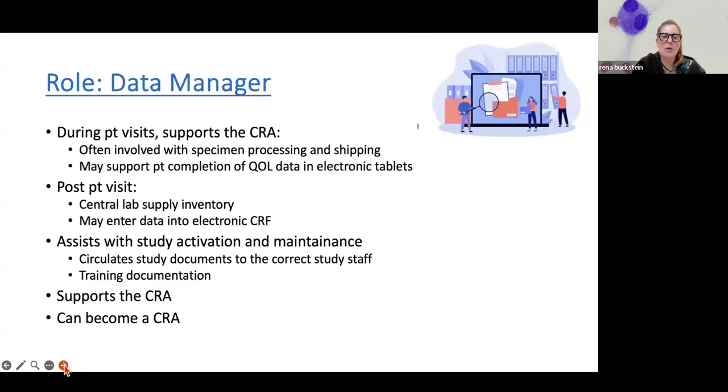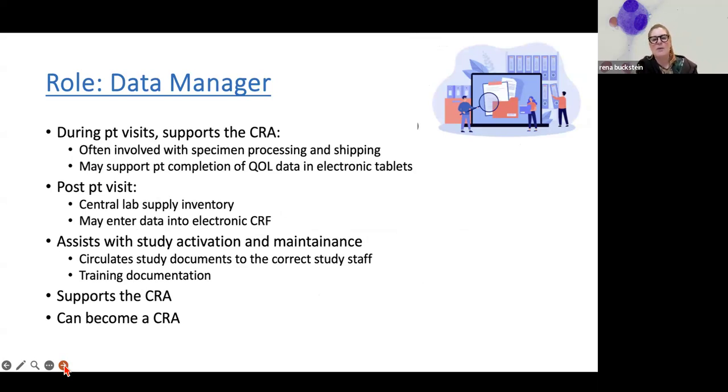The data manager may be the CRA or maybe a different person, depending on the size of your group. They are the ones that will help support the CRA. They often will do the specimen processing and shipping. So if there's bone marrows or peripheral blood testing that needs to go off centrally, they will do that. They may be the people that are approaching your patients for patient-reported outcome completion using electronic tablets.